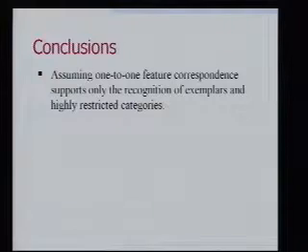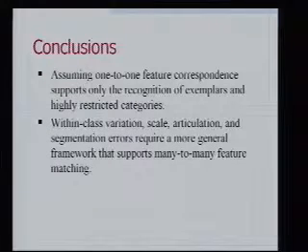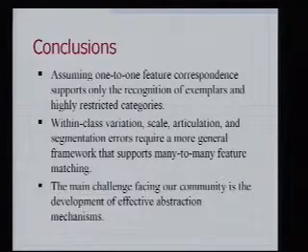Okay? Doesn't work for all objects. Within class variation, chair with many legs, chair with fewer legs, etc., different numbers of parts in each object. Within class variation, scale, articulation, and segmentation errors require a more general framework that allows you to match things many to many, allows you to lift above that fairly restrictive assumption.